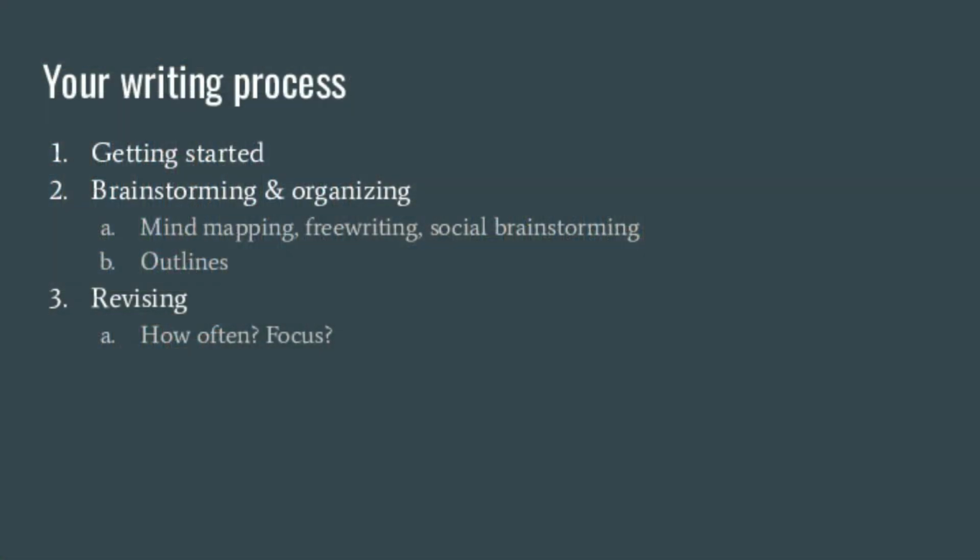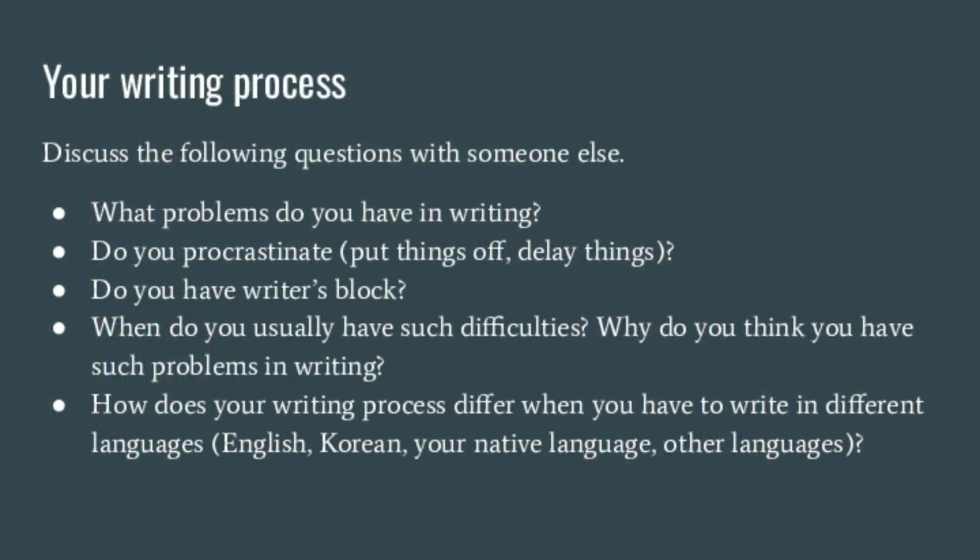So, last time we talked about the process of getting started on your papers, brainstorming and organizing techniques, especially outlining, which is a very helpful technique, maybe along with other techniques that you might use, and the process of revising papers. We talked about some of the problems that students typically have in writing, and these problems are true for native English speakers who are college students in North America, or people like you who are writing in English as your second language.